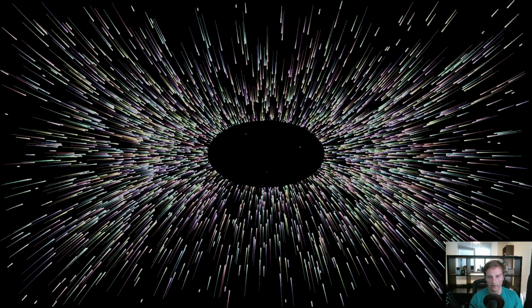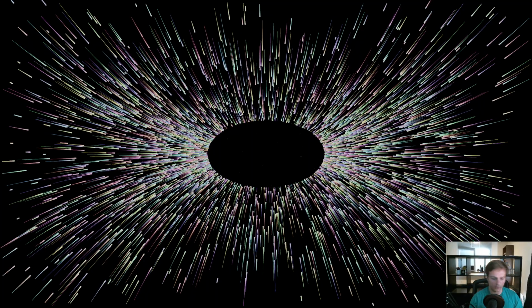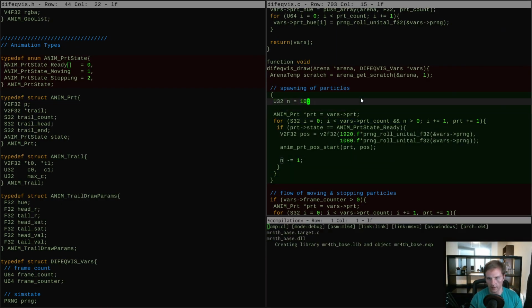So now it looks like right from the beginning it starts off dark and fills the space. And that's if I do 40. What happens if I do 10? All right, we can start to play with this. So it takes a little bit of time to fill it up.